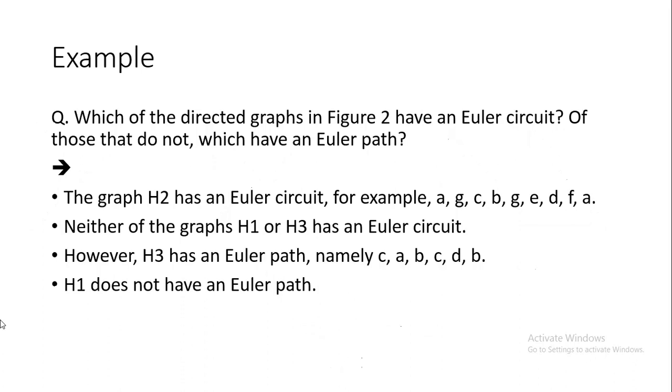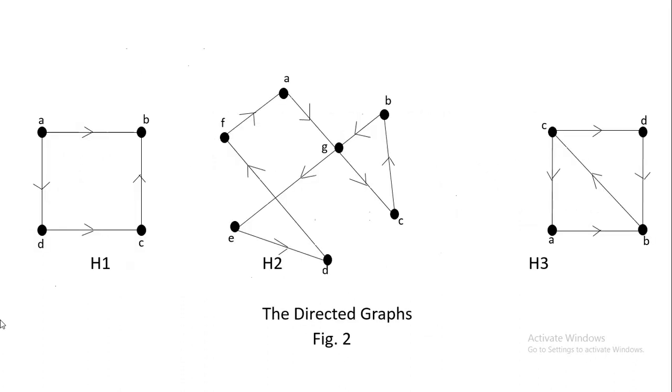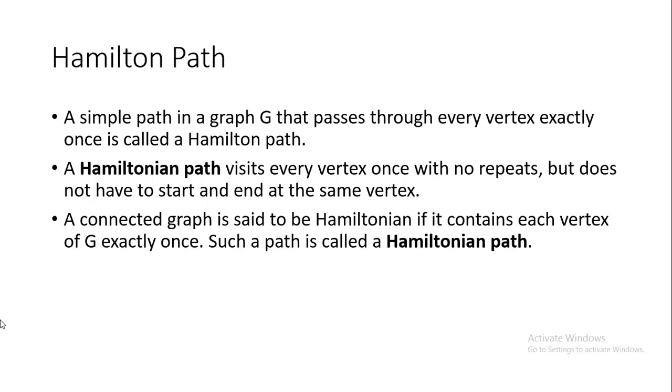So see here again, Hamiltonian path. Now in the previous PPT we have seen what are the Euler path and Euler circuit. Now see here what is the Hamiltonian path and Hamiltonian circuit. A simple path in a graph G that passes through every vertex exactly once is called a Hamiltonian path.